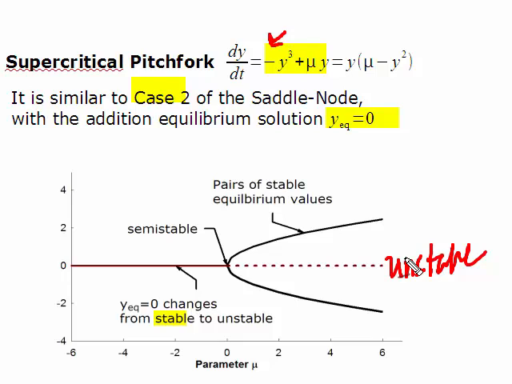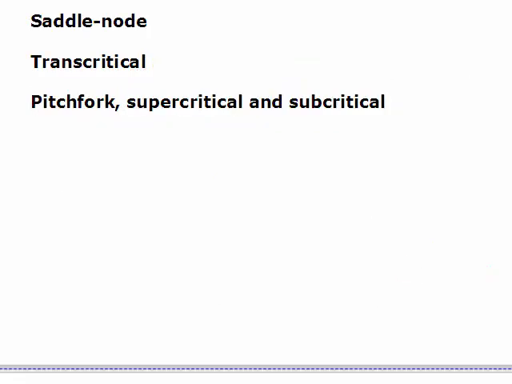They were like 0 value for the parameter, negative and positive, and when the parameter is negative, there was one set of equilibrium values and one set of stability. It went to a change at 0, and after that, when it was positive, there was another set. So that's basically the idea. First order equations, you're looking for a change in the number of equilibrium solutions and in their stability, and we did 3 cases.